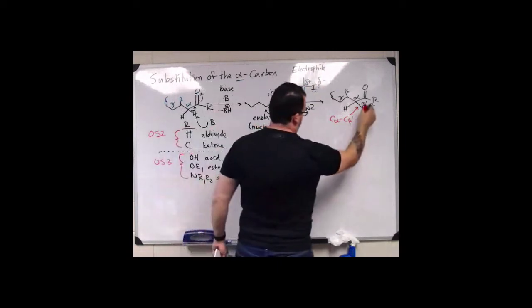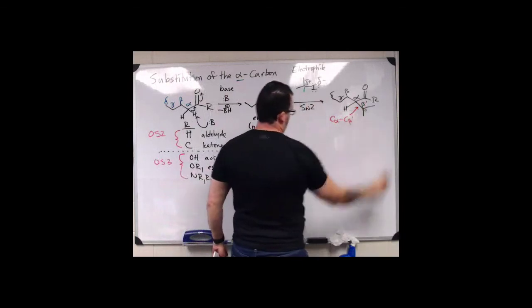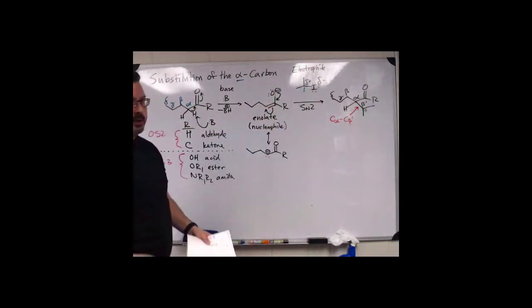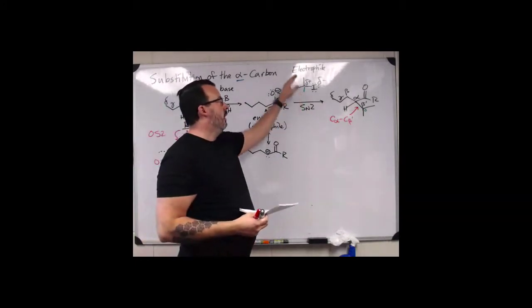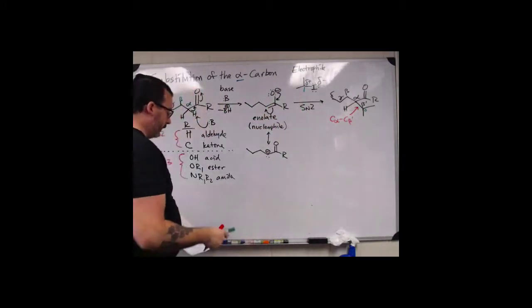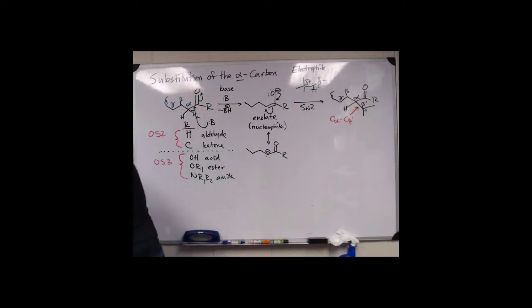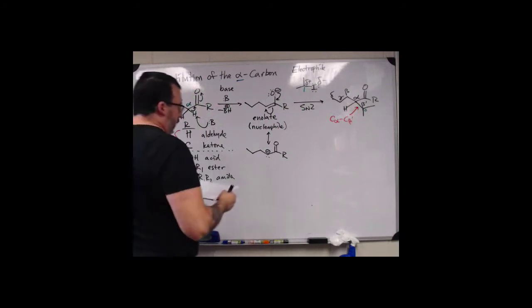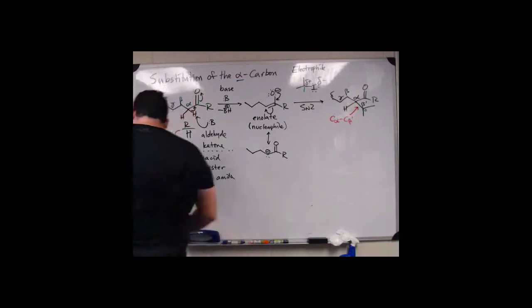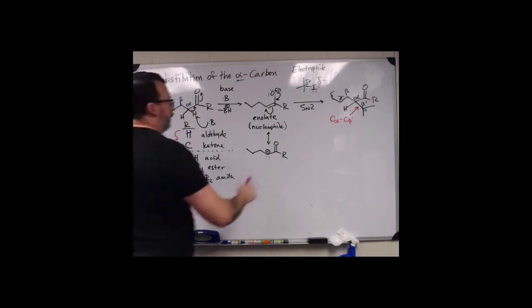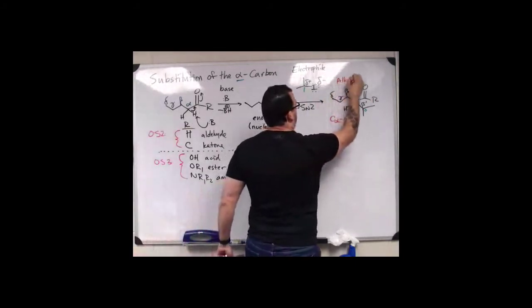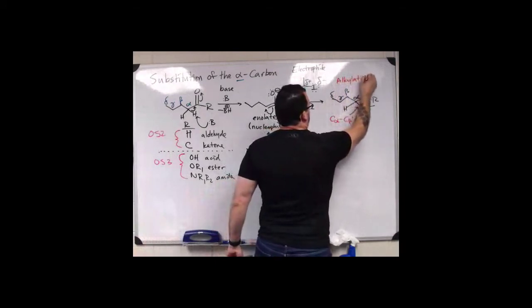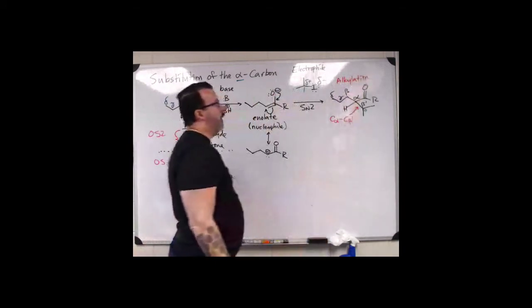Now the oxidation state at beta prime is 0. So overall, it's a reduction in terms of the electrophile that we started with. So this reaction with oxidation state 1 is specifically called an alkylation.